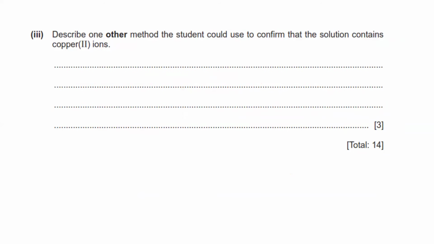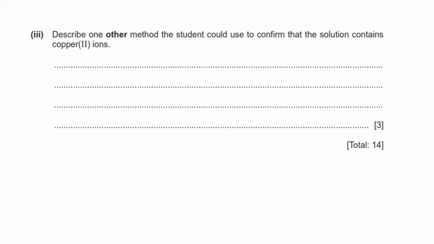Then moving on, it says describe one other method the student could use to confirm the solution contains copper 2 ions. Okay. So again, follow the sheet that is given at the end of your answer booklet.